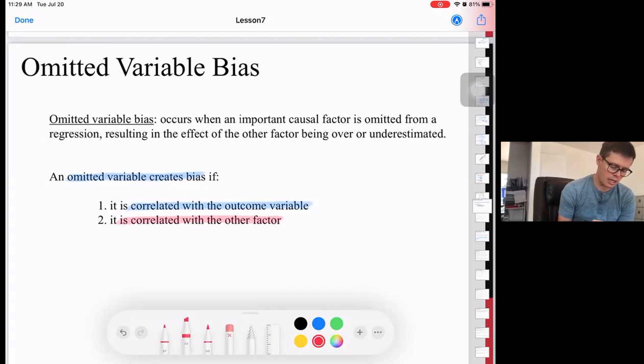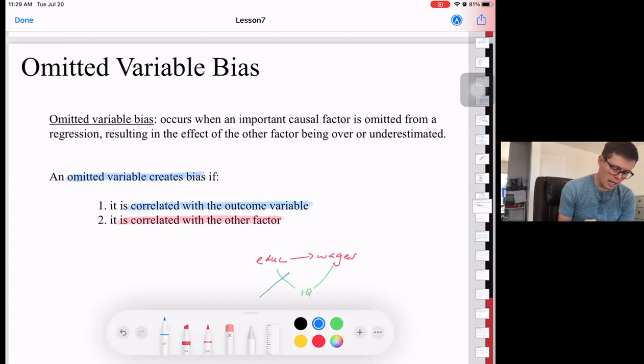So we were interested in education affecting wages. This third factor has to be related to education and also to wages.